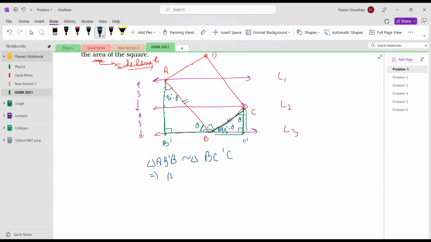This means AB dash over BC dash equals AB over BC.